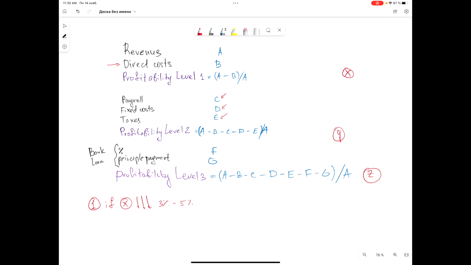And if this level of profitability is already so low, you can almost do nothing. It is very easy to get operating losses if payroll rises, if fixed costs rise, taxes rise, and so on.